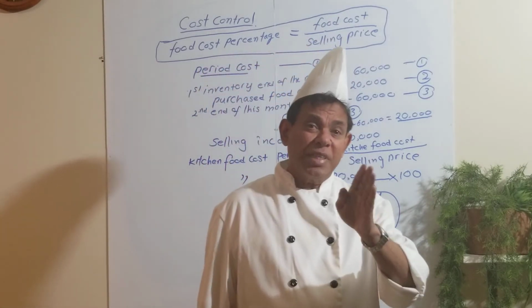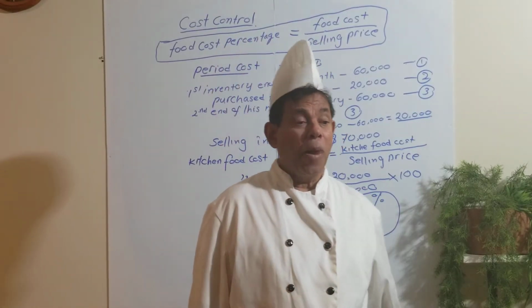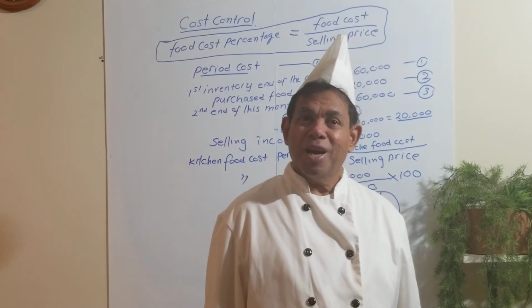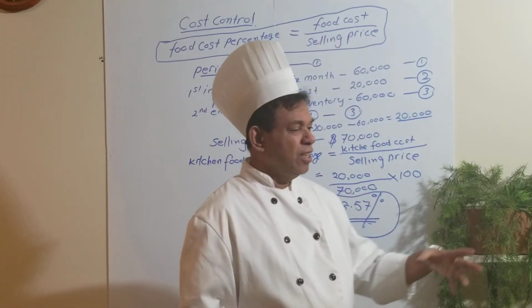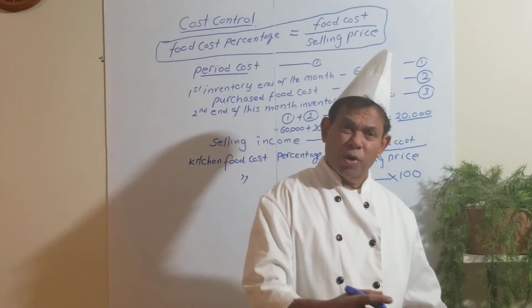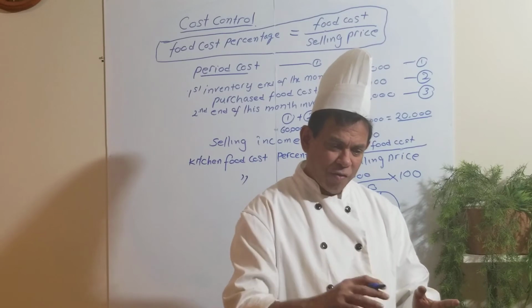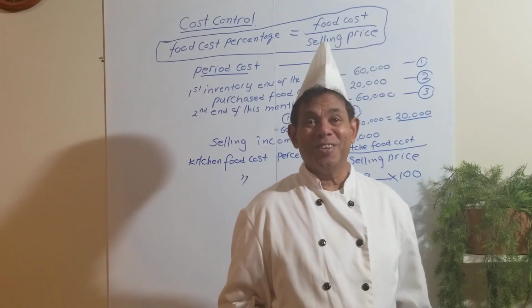Now the important thing is, as a chef, when you make a menu, you have to give the selling price for the customer. I take items, I got chicken, vegetable, potatoes and everything for the plate. I set everything to the plate. I have to give the price for the plate.